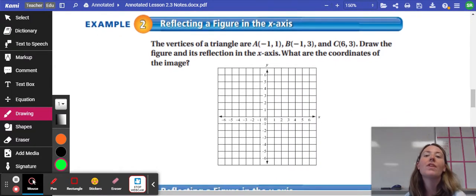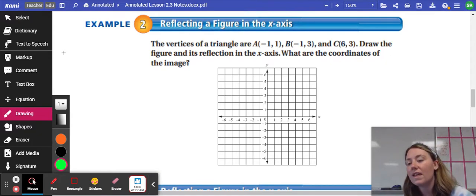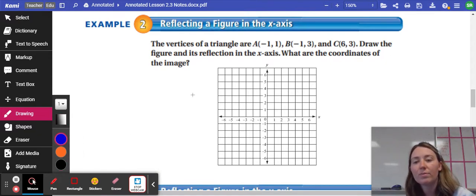Let's take a look at example 2, reflecting a figure in the x-axis. The vertices of a triangle are A (-1, 1), B (-1, 3), and C (6, 3). Draw the figure and its reflection in the x-axis. What are the coordinates of the image? Okay, so I'm going to use blue here, and I'm going to start by just drawing the vertices.